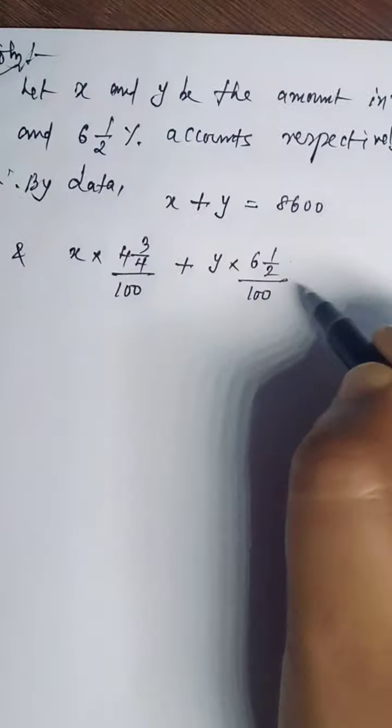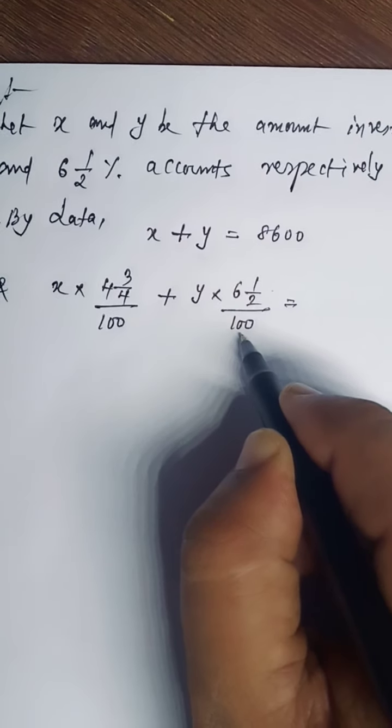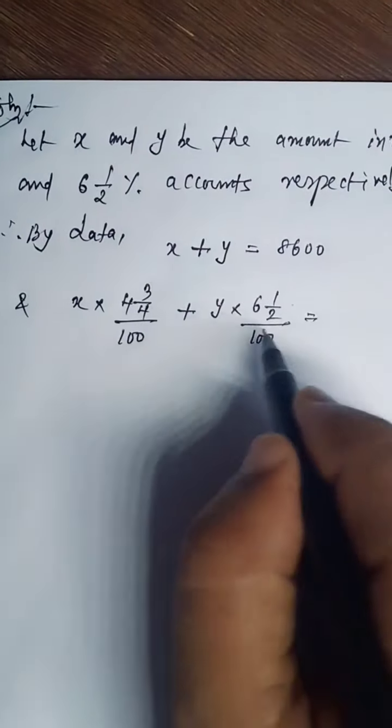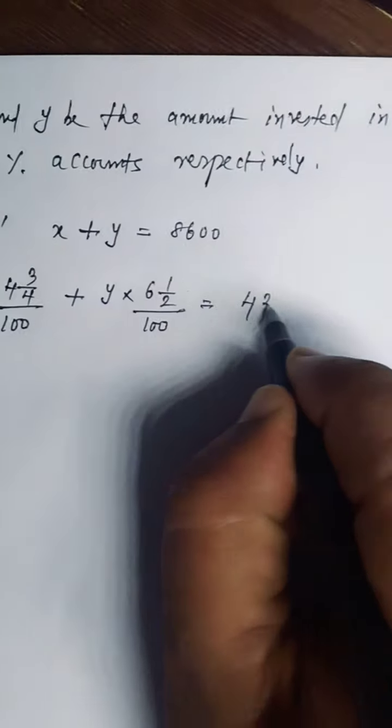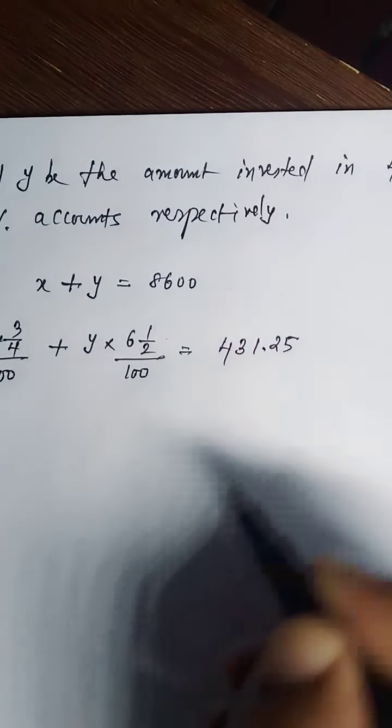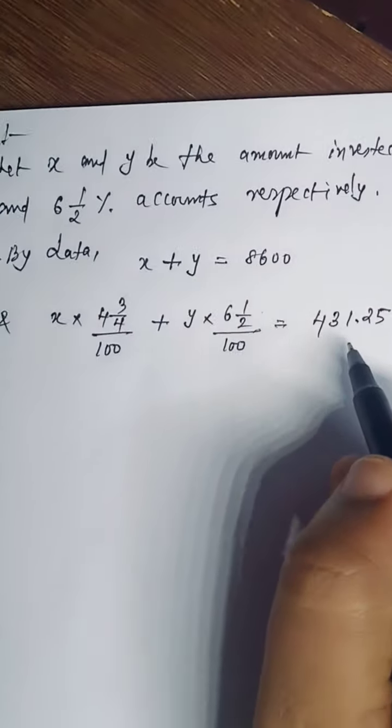Whenever you are given percentage, you have to divide by 100. The total interest given is 431 rupees 25 paise. Now I have to simplify this equation.